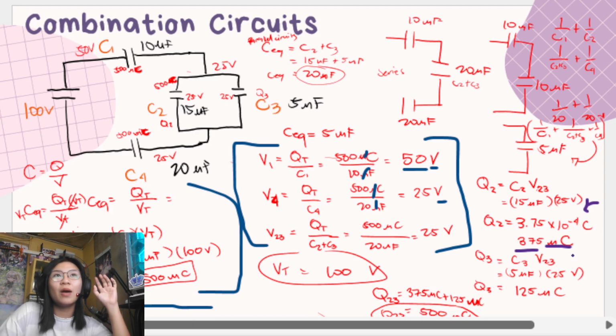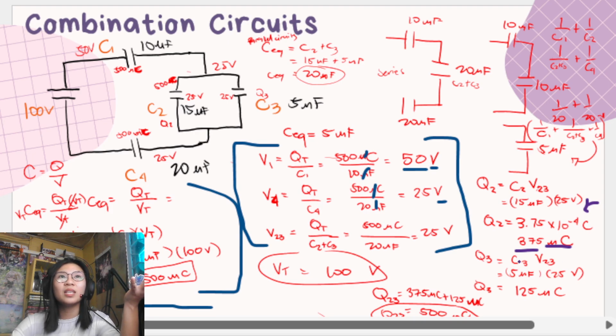Okay. Now, how about Q3? C3 is 5 microfarad and 25 volts from our V3 or V23. Since it is microfarad, the answer is microcoulomb. Copy the micro, then farad multiplied by volts gives coulombs. 5 times 25 is 125.